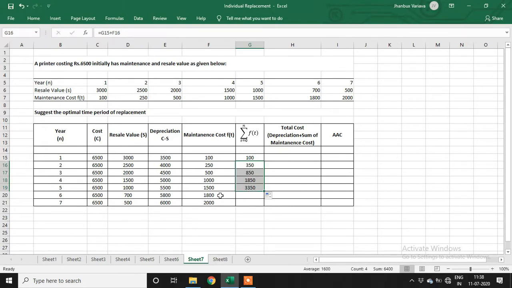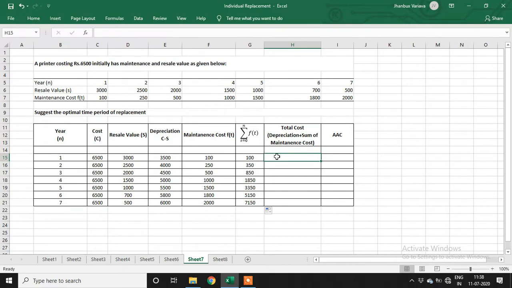Again 3350 plus this 800, you have the value 5150 rupees. This plus 2000 will give you 7150 rupees. Okay, so this is the sum of the cost for every year. You just have to add the maintenance cost from the first, second, third and onward.